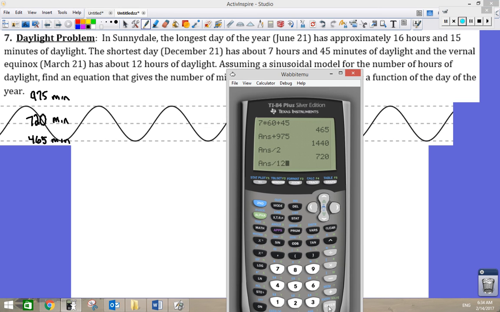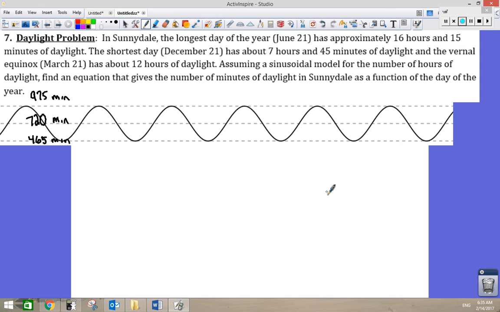So this center line is 12 hours. Okay. So what day of the year is June 21st?